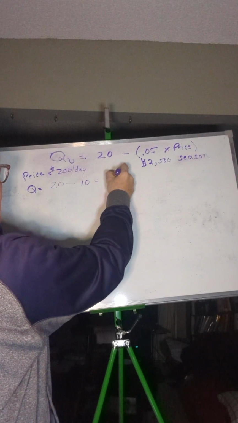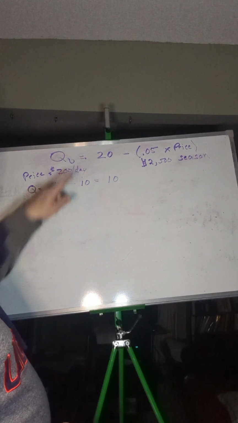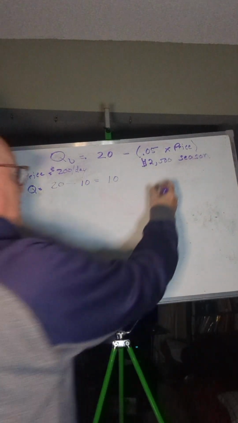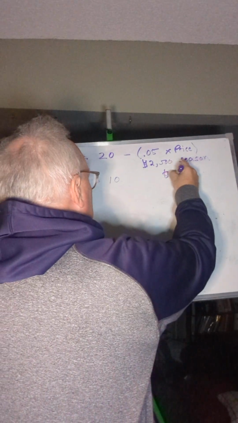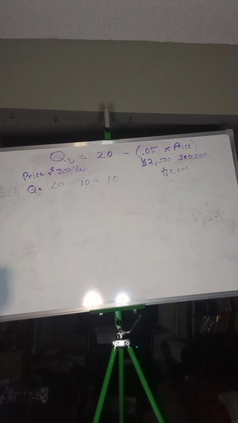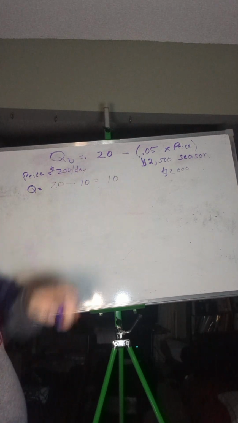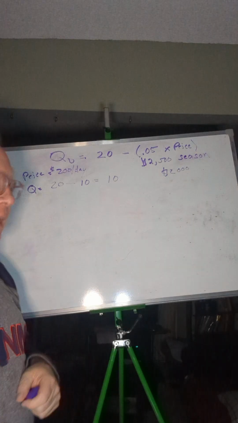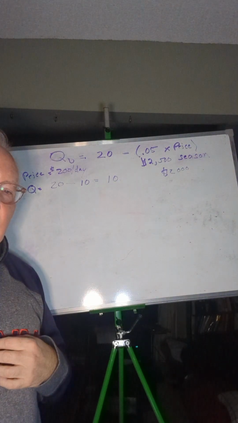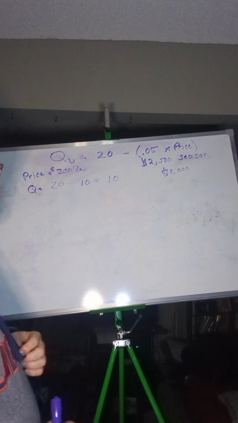They would ski 10 times, and at $200 a day, their total expenditure would be 10 times 200, which is $2,000. And of course, if they buy the season pass, they'll ski 20 times, and the price they'll pay is $2,500. So we want to see which of these two options gives our potential skier the most consumer surplus.